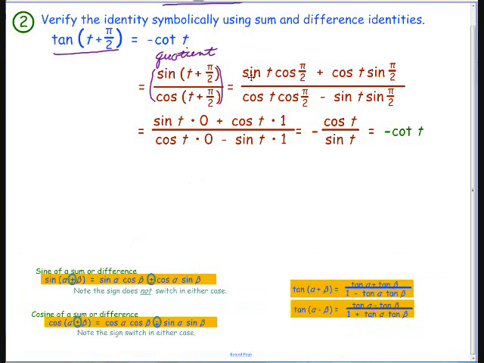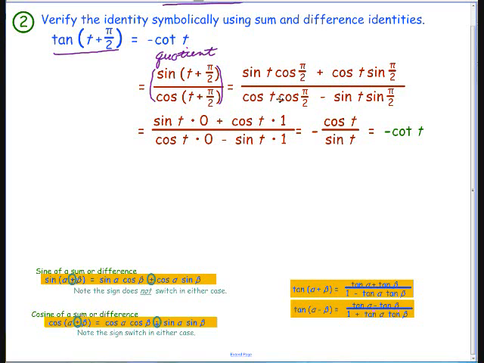Okay, so this is a sum of angles. Sine of a sum would be sine of t times cosine of pi over 2 plus, remember with sine, if you're doing a sum, it's plus, the cosine of t times the sine of pi over 2. And in the denominator, we also have a sum. This, of course, is going to be subtracting. Remember, these signs are opposite.